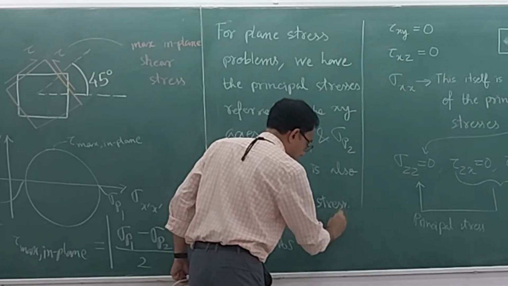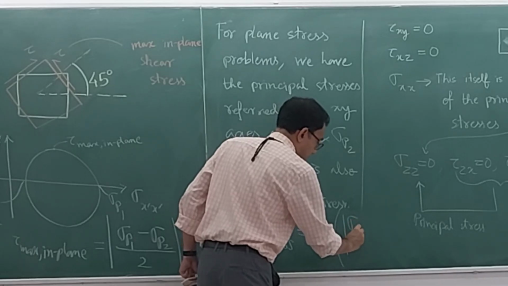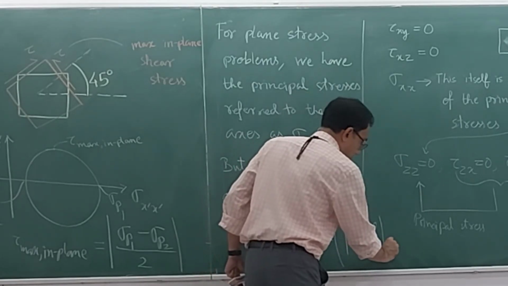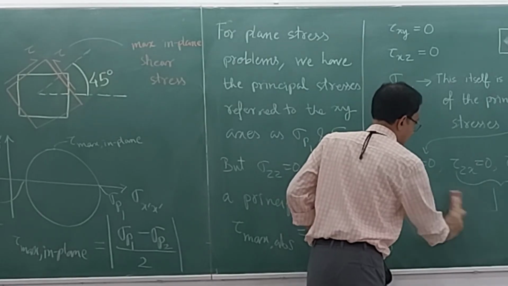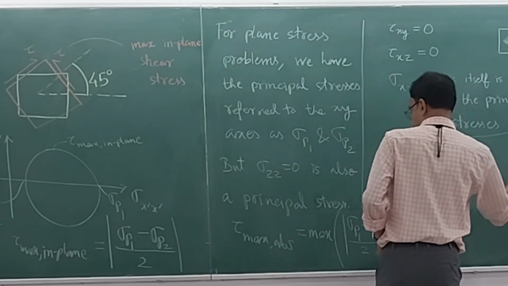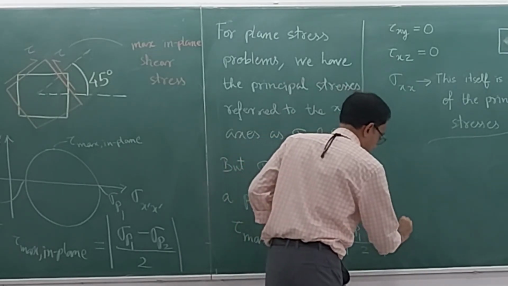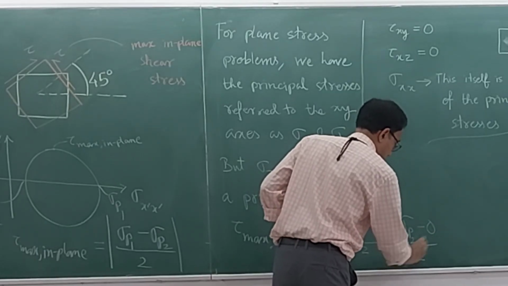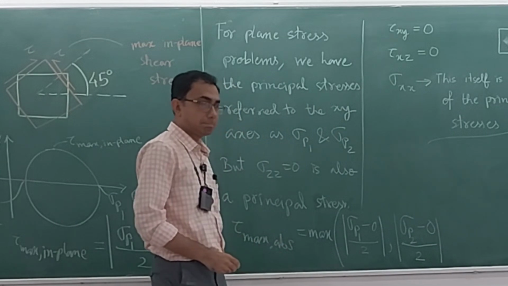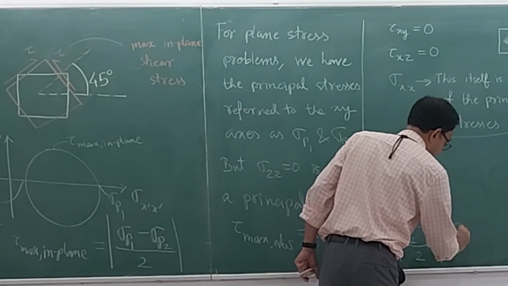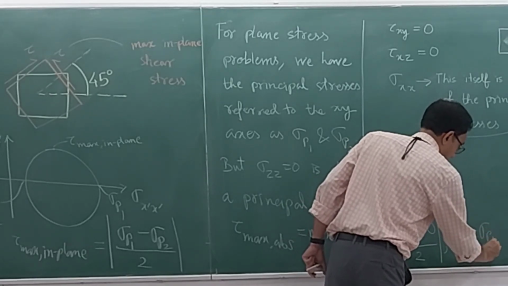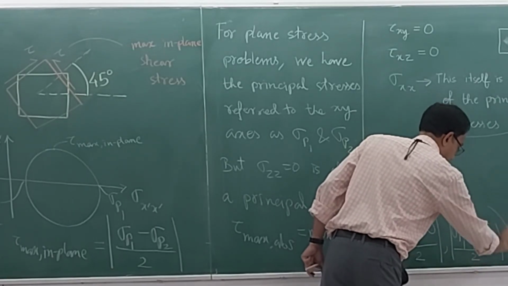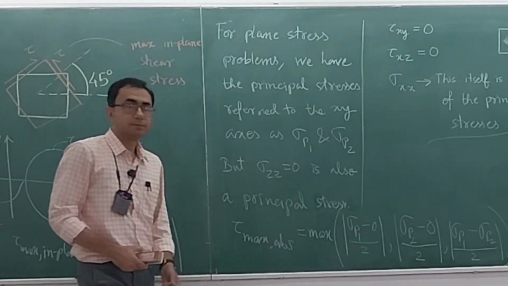It will be the maximum of sigma p1 minus 0 by 2, comma, sigma p2 minus 0 by 2, comma, sigma p1 minus sigma p2 by 2, one of these things.